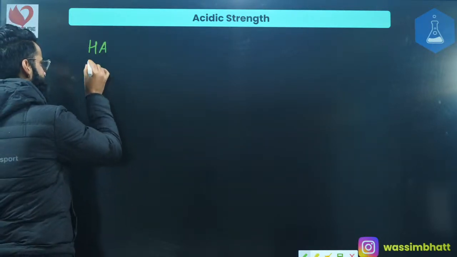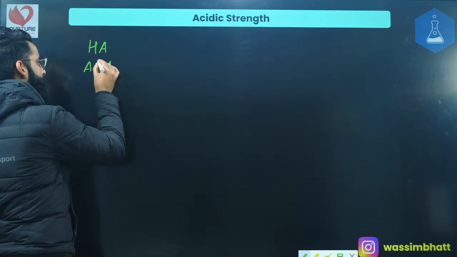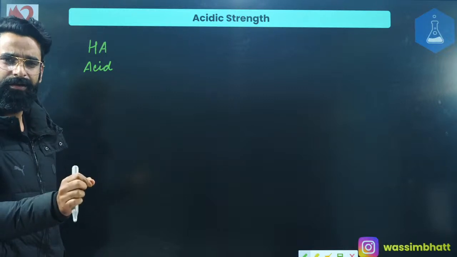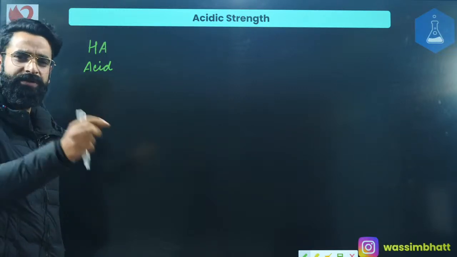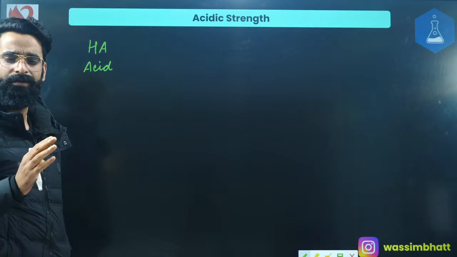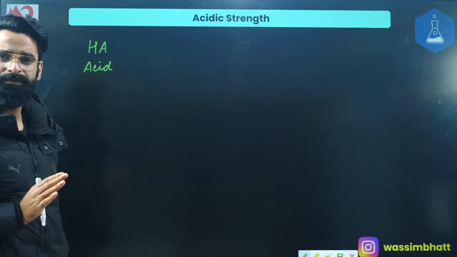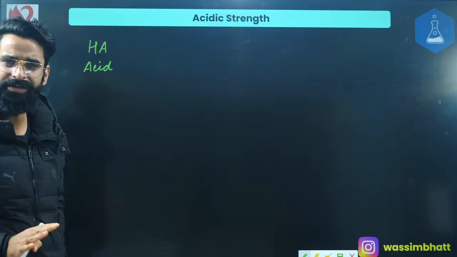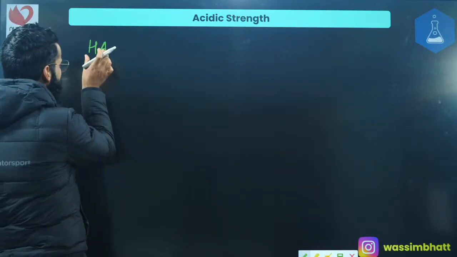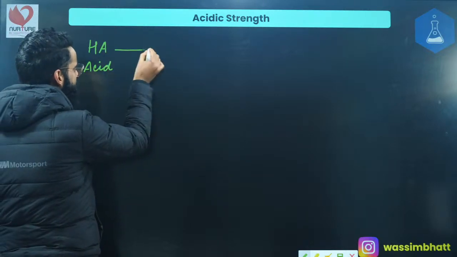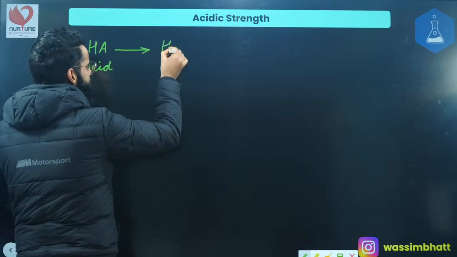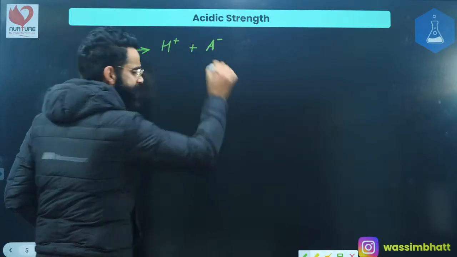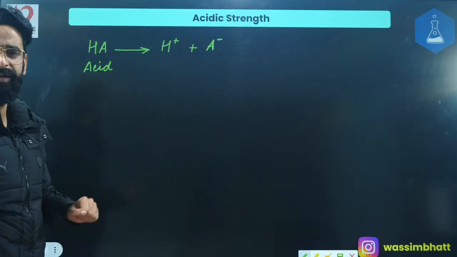As per one of the definitions of acids, anything which on dissolving in water gives away H+ ions, right, furnishes H+ ions, we call that species the acid. So I'm assuming this HA as the acid, and if I put this HA into water, it is going to get dissociated as H+ (aq) plus A- (aq), right?